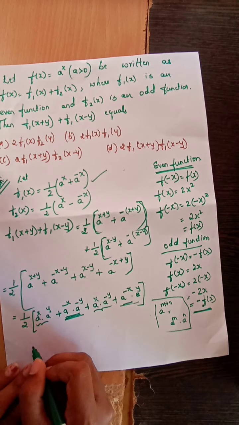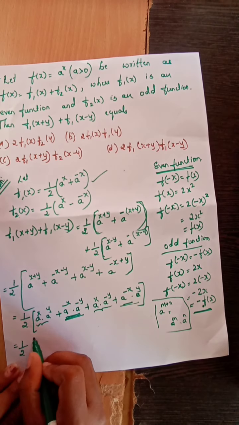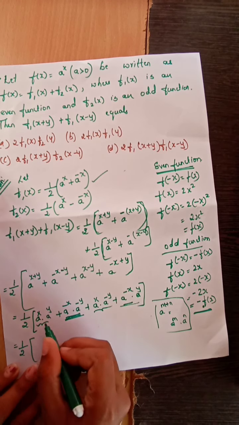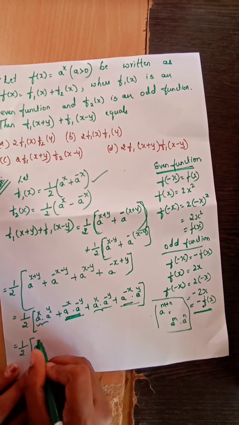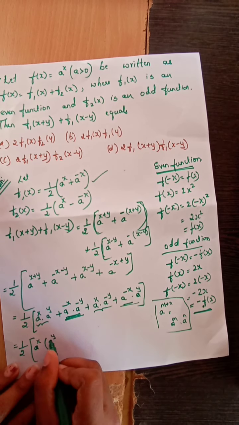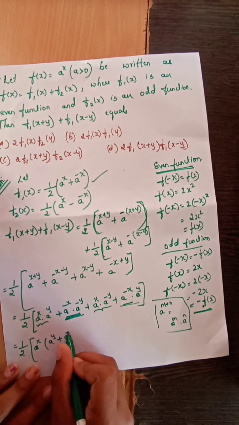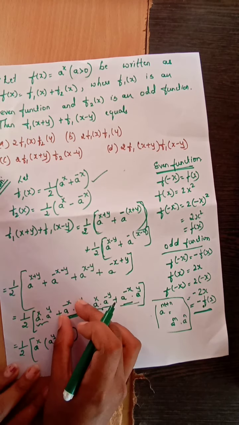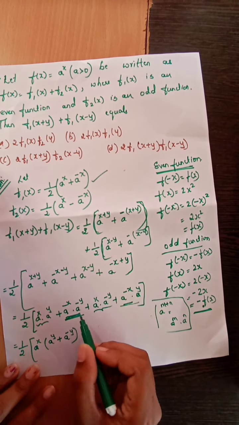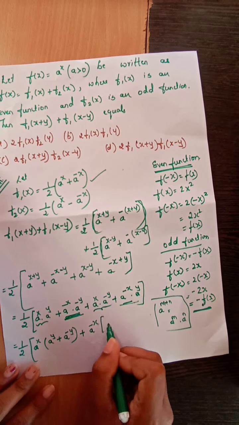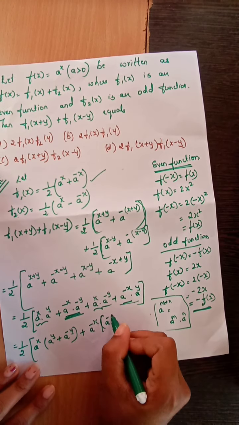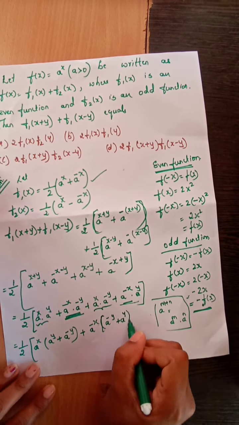Half is common. If you take the first and third term, a power x is common. What is remaining? A power y plus a power minus y. Similarly, if you take the second and fourth term, a power minus x is common. What is remaining? A power minus y plus a power y.